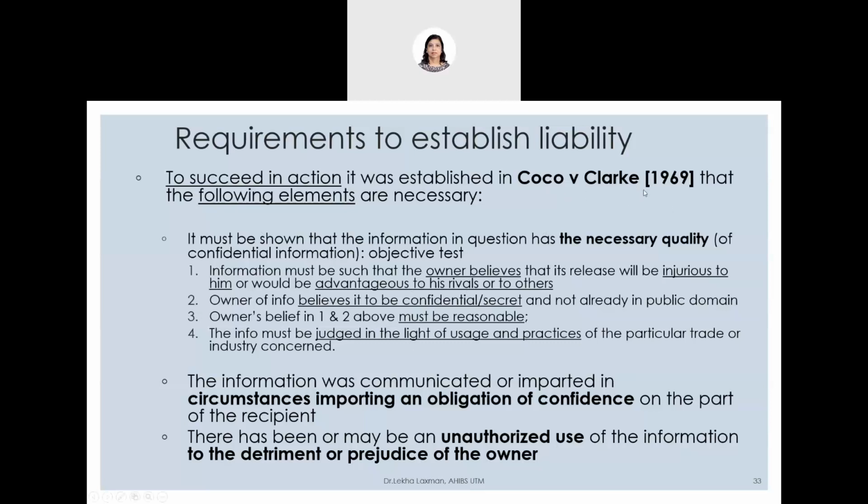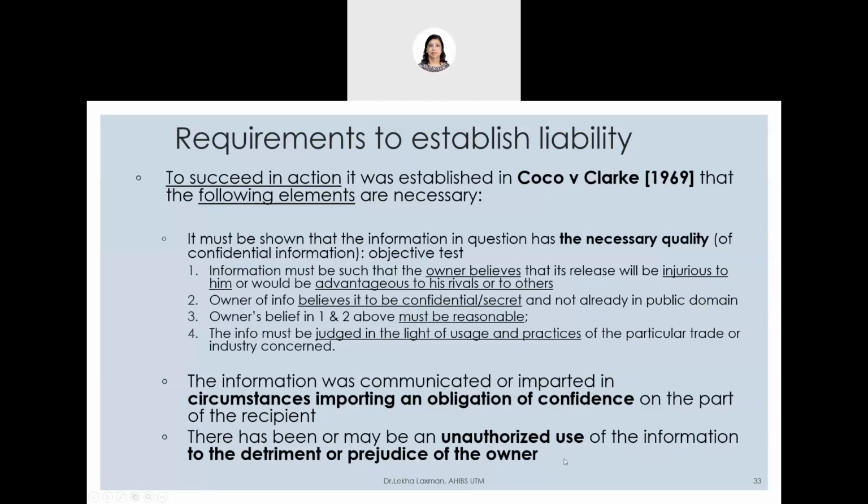It's a common law case. What are the elements to establish liability for breach of confidential information? It's very important that when this information is given to another person, that person knows that the information is being given to him in confidence, or with the obligation of confidence.